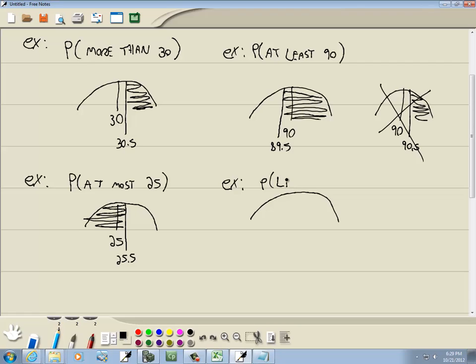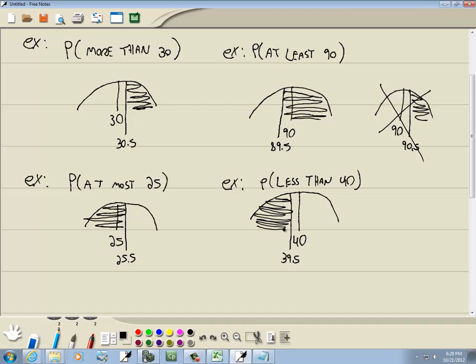I'm drawing a real blank, so I'm going to use a real boring word: less than 40. So here's 40. Less than 40 doesn't include 40, so our shading can't include 40, so I have to subtract 0.5. Less than is shaded this way.